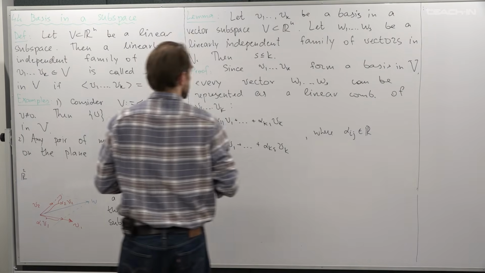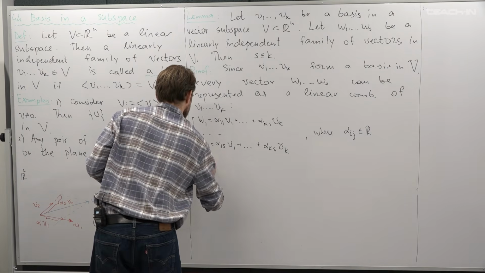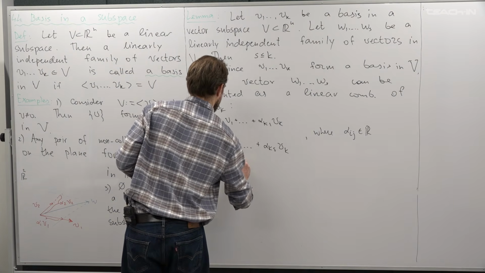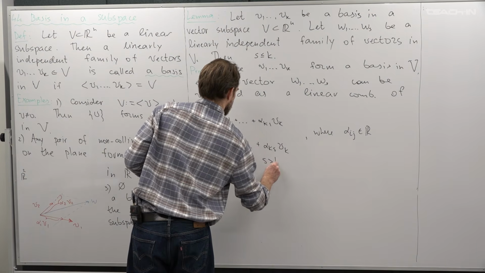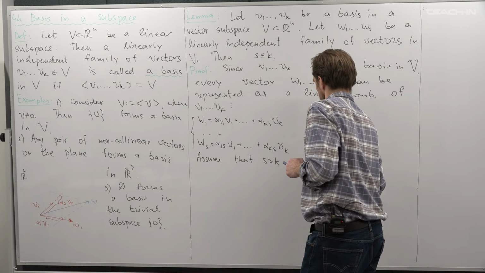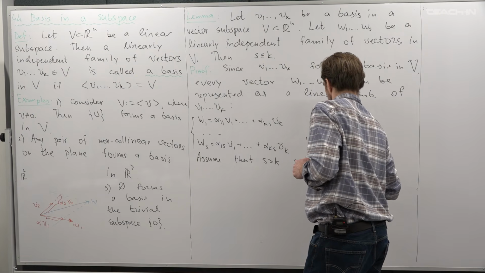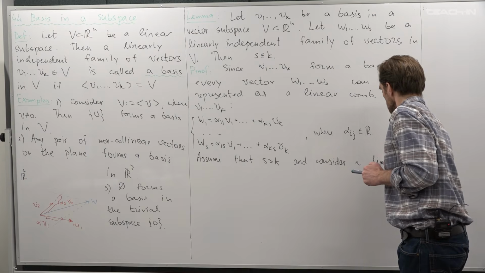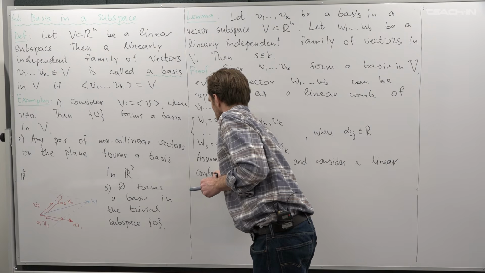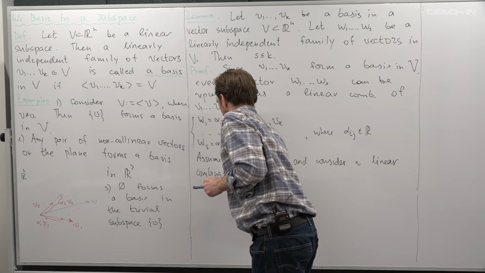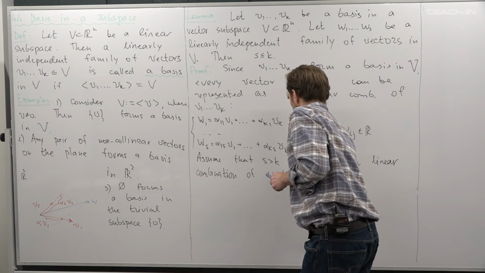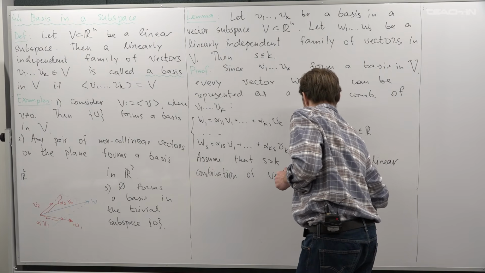Okay, so assume the contrary. So assume that s is greater than k, and consider a linear combination of vectors w1, etc., ws.